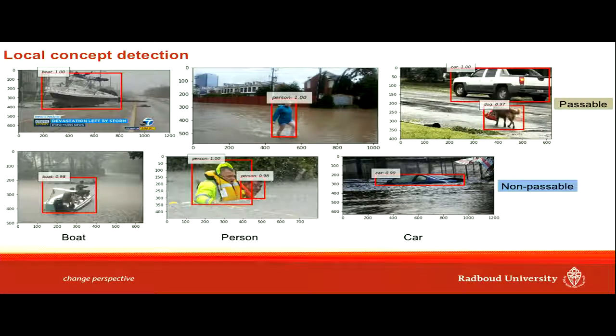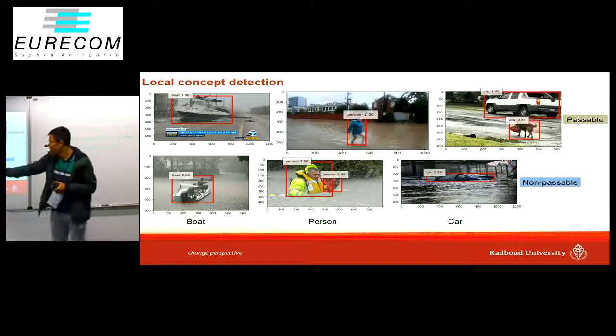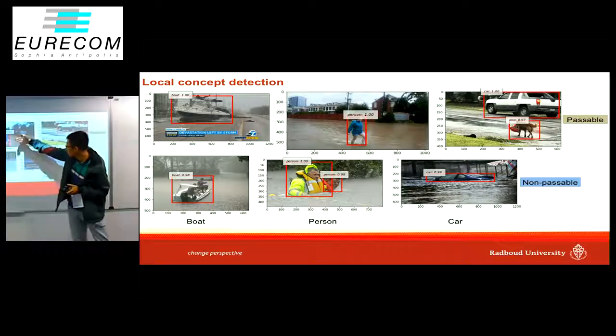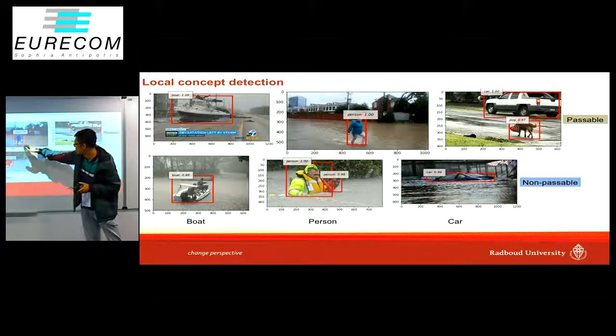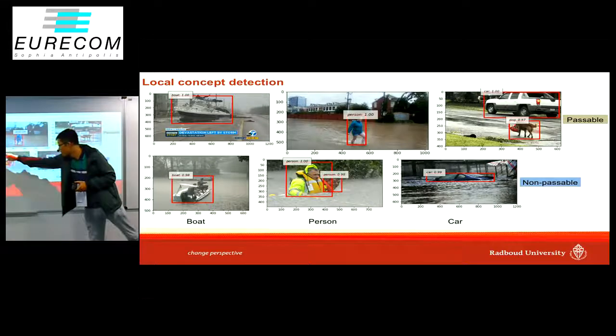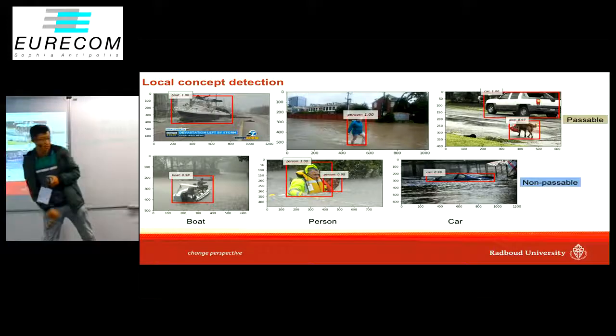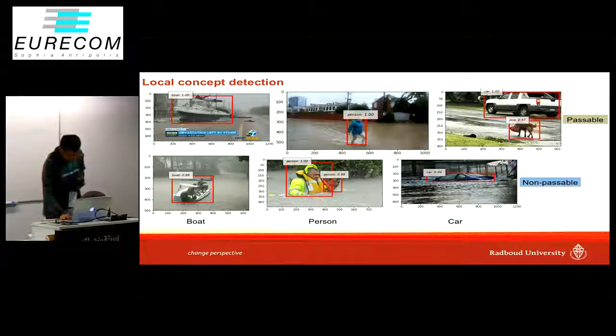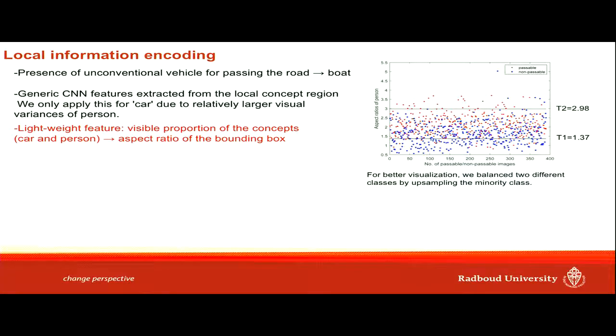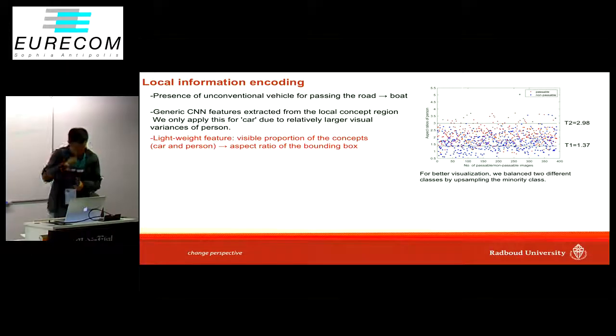We can see here in the second column, for the passable images, they tend to have higher aspect ratios. And for the non-passable images, it's more like a square, with lower aspect ratios. Because there is larger variance for persons, we only use the direct visual features from CNN for the car.